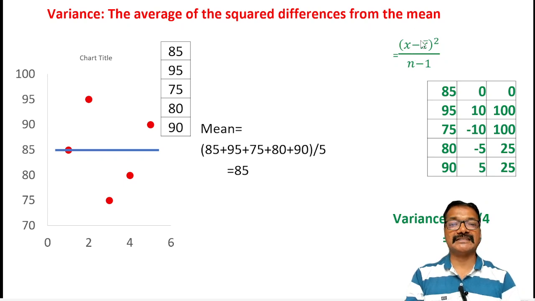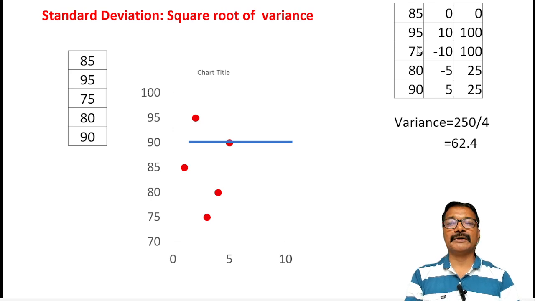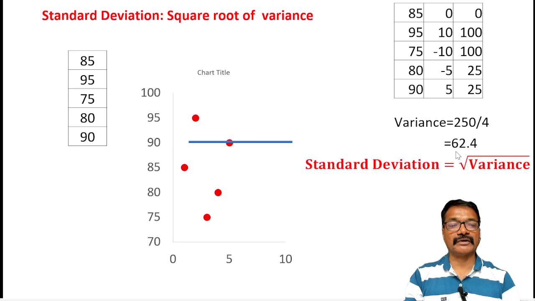So that is the formula for the variance. Now coming to standard deviation, it is simply the square root of variance. Whatever we have seen, we have to take the square root of that number, and that will be the standard deviation. It is extracted from the previous slide. We got variance 62.5, and standard deviation is equal to the square root of variance. If you take the square root of 62.5, that will be 7.9.